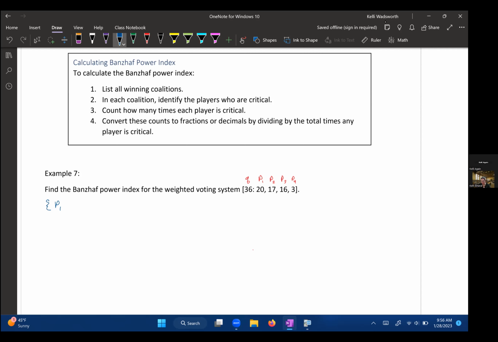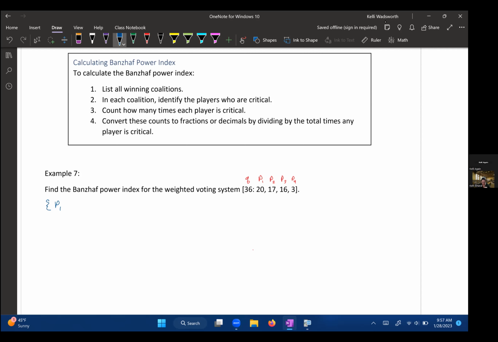Both of those approaches are good, and it really depends on what fits for you. I think I'm going to go with the first one: let's list all possible winning coalitions that contain player one, no matter the size. I'm going to start with the small ones and then we'll go forward.